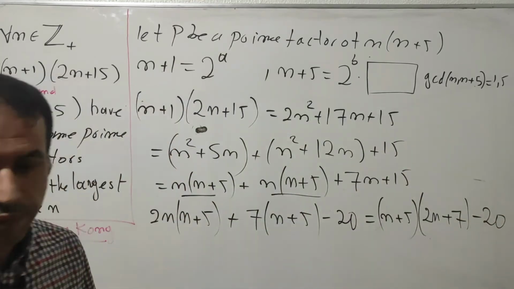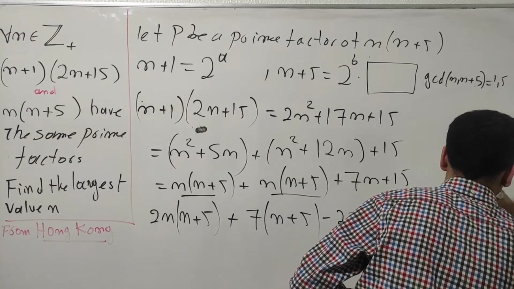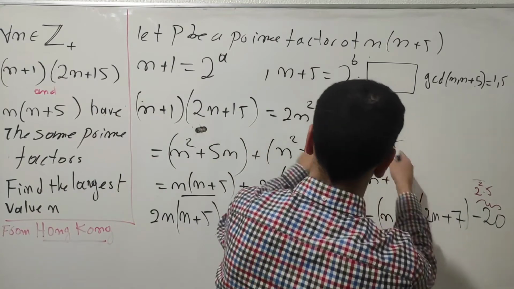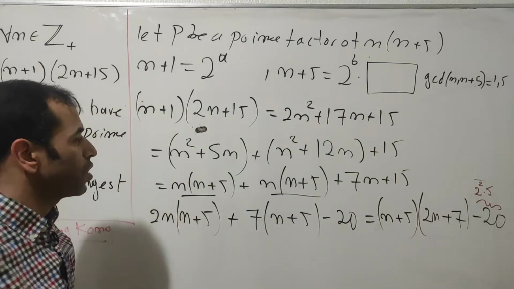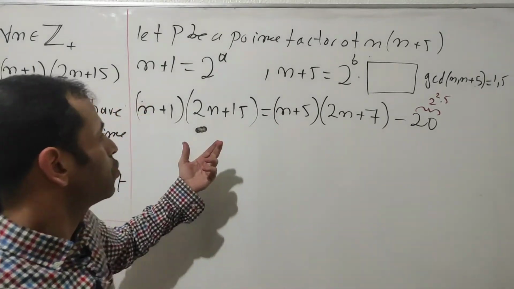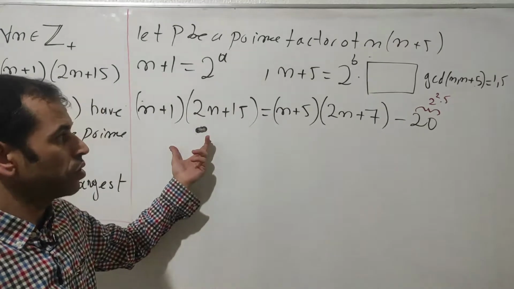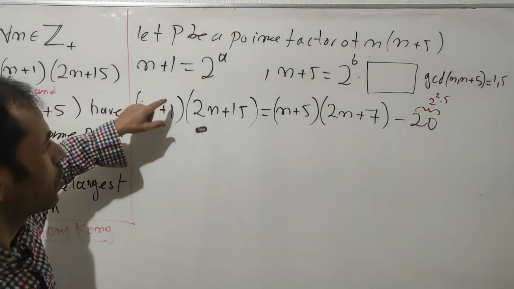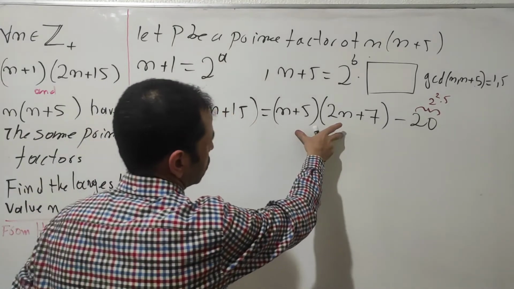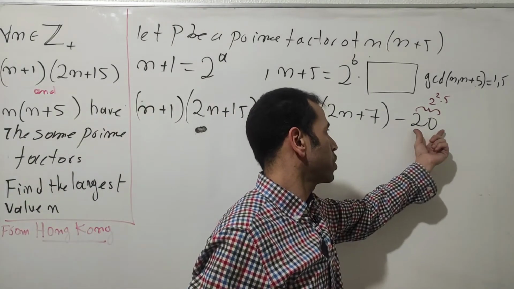Okay, notice here this 20 equals 2 squared multiplied by 5. Let's stick this one up here in order to make the equation clear. Since we have this equality and we know both products have the same prime factor, this prime factor divides this one as well as this one, which means this prime divides this 20.